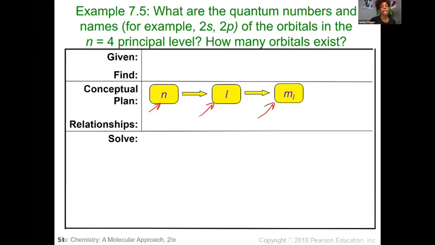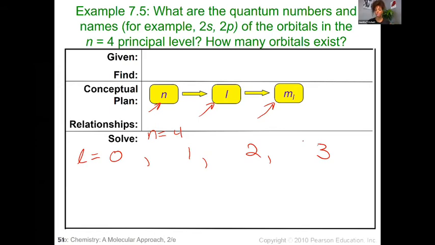So when n is equal to 4, we know that we could have several L values. Our L values could be 0, 1, 2, or 3. Remember, you assign L values by listing any integer value from 0 up to n-1.